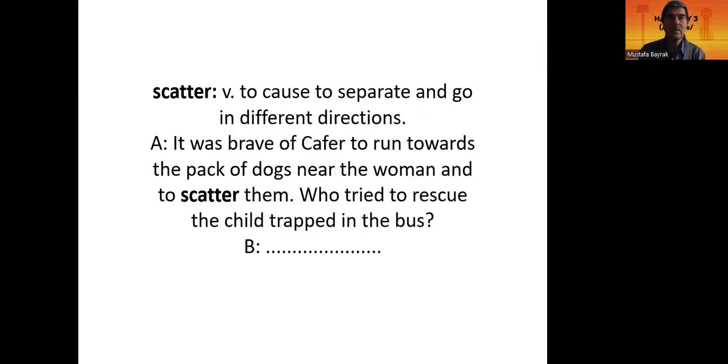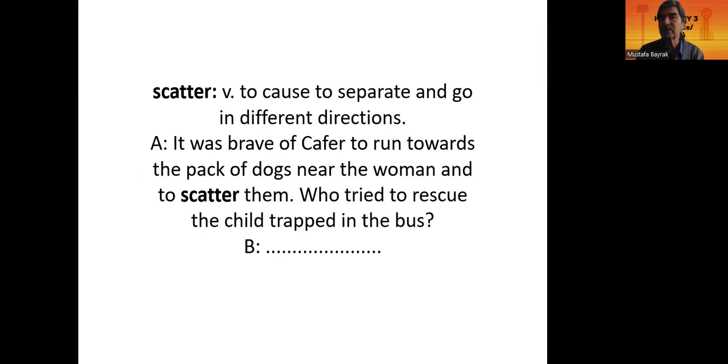Scatter, as a verb: to cause to separate and go in different directions. It was brave of Jafar, yes. To be brave of somebody to do something is a really helpful, practical pattern of speech.